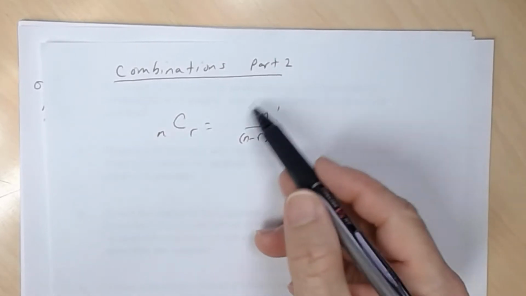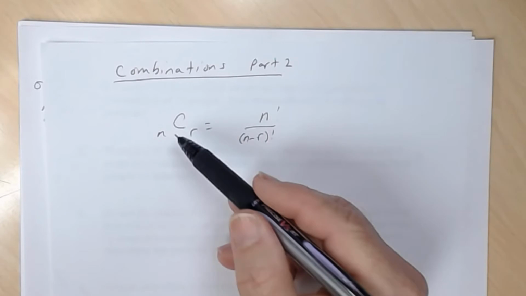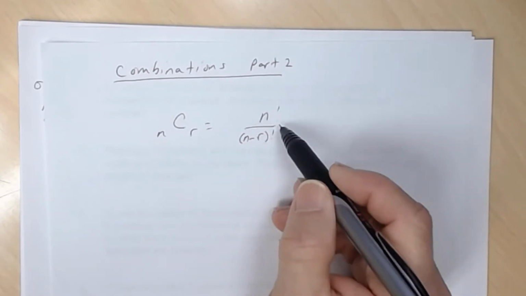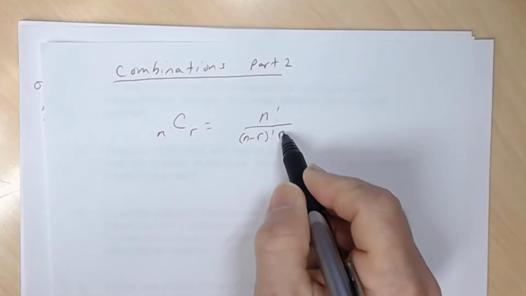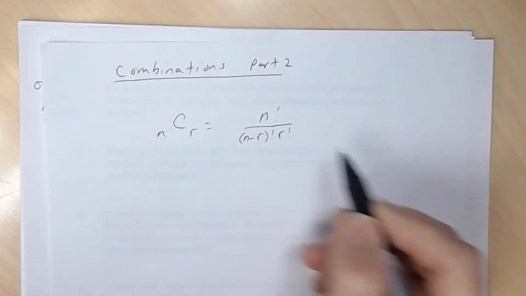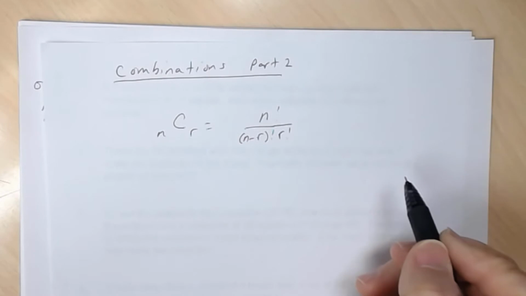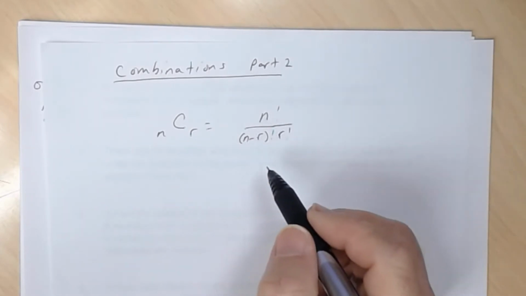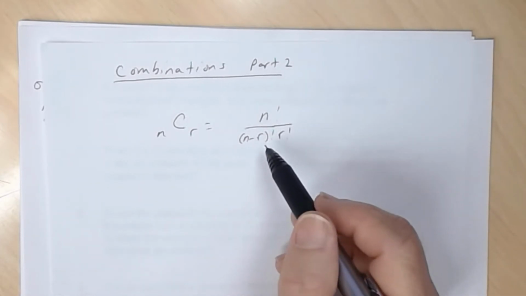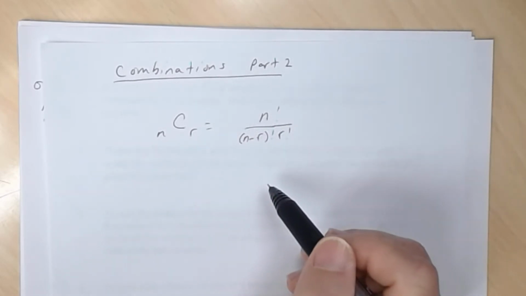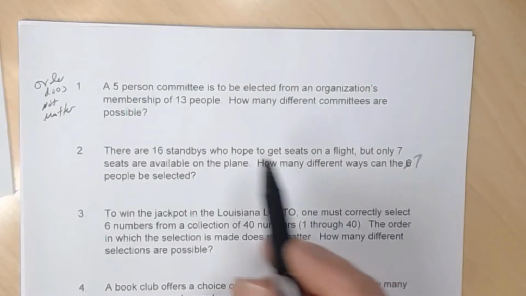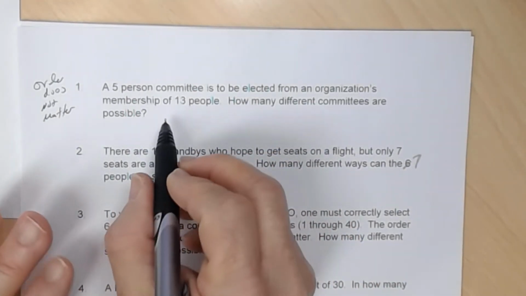Remember, that's your permutation formula, but we want to find a combination. When we derived this, we had to divide also by r factorial. That gives you the number of lists when the order does not matter.